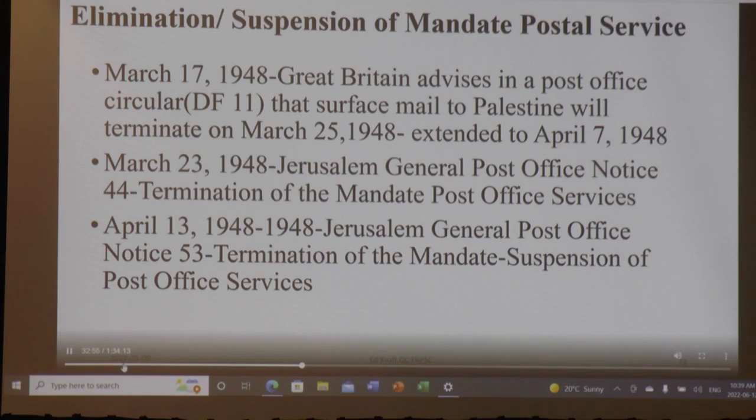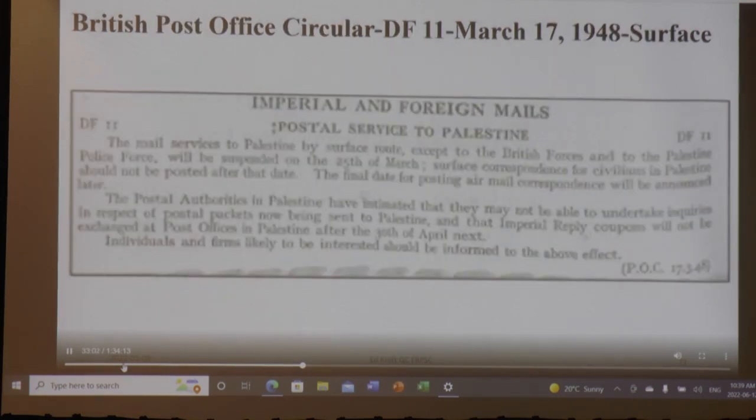In Palestine itself, the post office in Jerusalem, the General Post Office, was announcing that there would be termination of services. And here's an example, not very well photocopied by me, of the circular out of Great Britain announcing the cessation of mail services between Palestine and Great Britain.